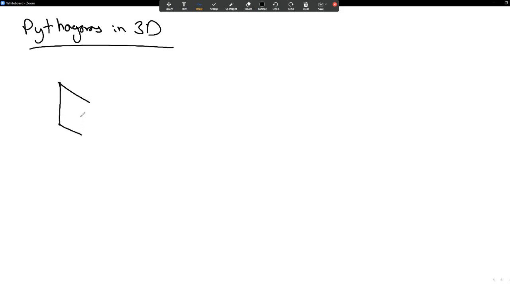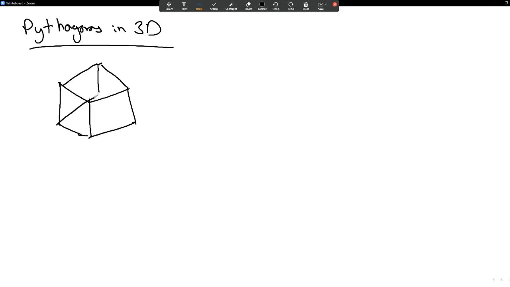Right, let's continue. One last thing I want to point out is Pythagoras in 3D. Now, Pythagoras in 3D, you also might need to do trigonometry in 3D, but I'll show how it works. So if you have a cube like so, and then you have a triangle.